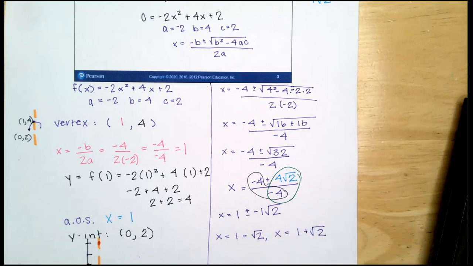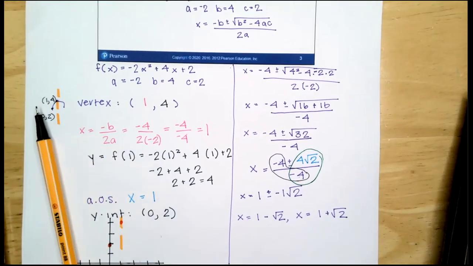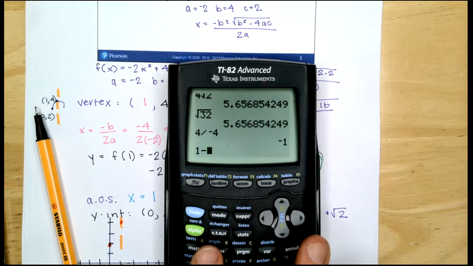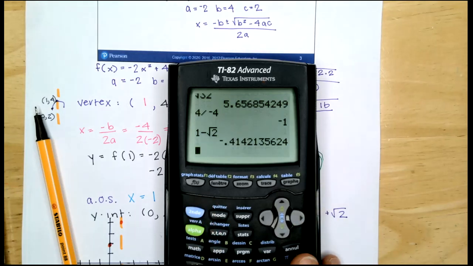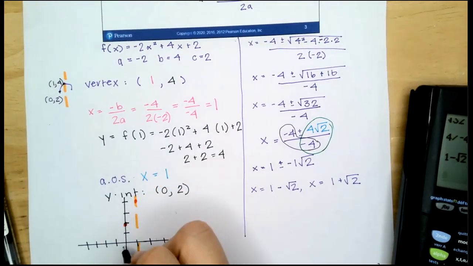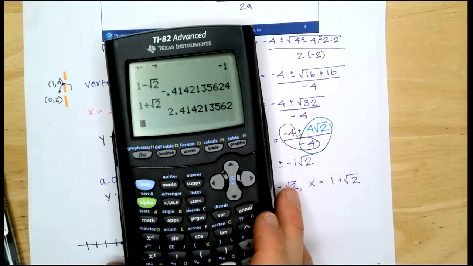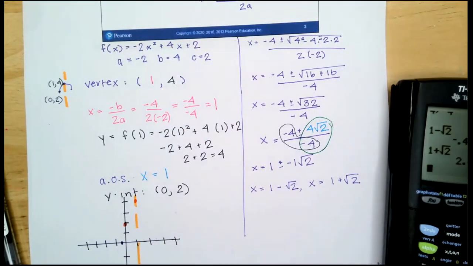Okay, those are our x values, which I know that's terrible. What does 1 minus the square root of 2 look like? -0.4. So it's going to cross the x-axis at -0.4, and then 1 plus the square root of 2 is 2.4.